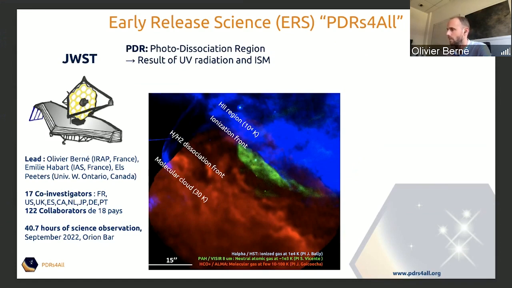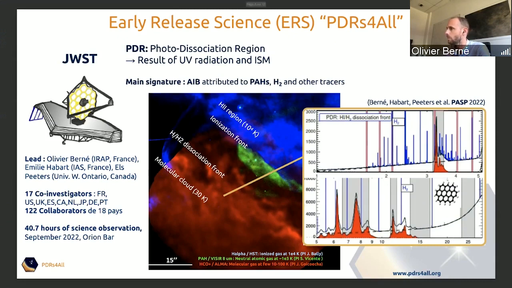So if you look at an infrared spectrum from these types of regions, this is what you will see basically with the James Webb. It's a very rich spectrum where you have in the NIRSpec range here from 1 to 5 microns a lot of lines which are due to molecular hydrogen vibrational emission.